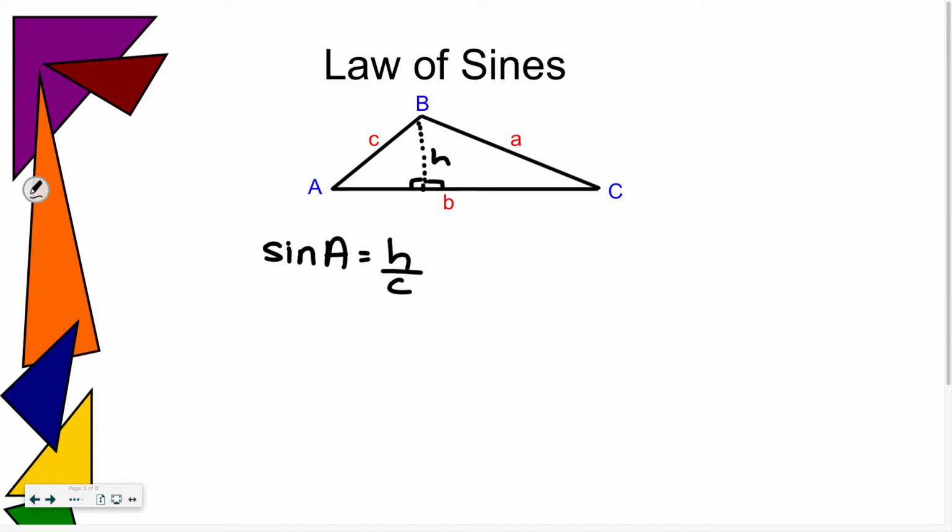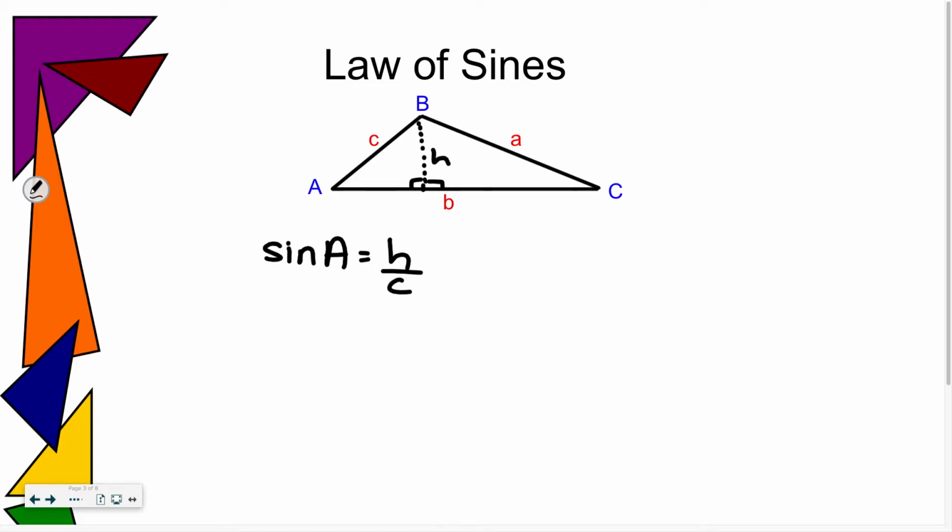And in the other triangle, on the other side, I could also solve for height. I wouldn't want to use this B because B goes all the way from C to A, right? So I'd be wanting to use the height and A. And then if I use this angle down here, sine C, that's another opposite and hypotenuse.